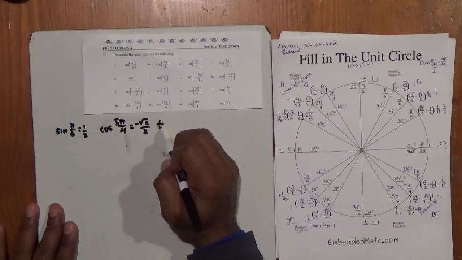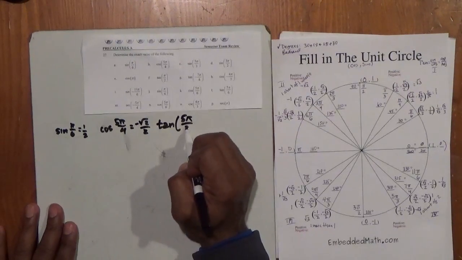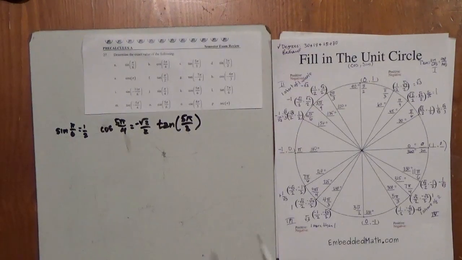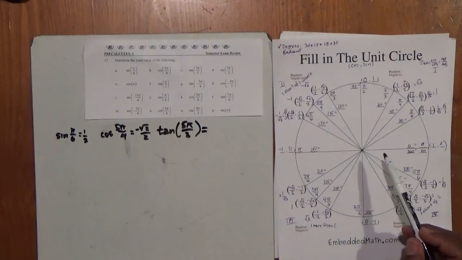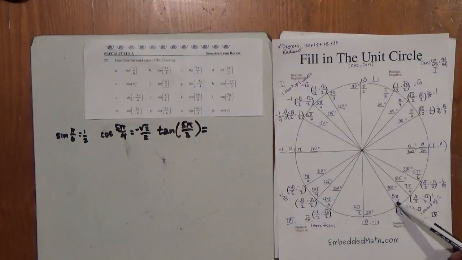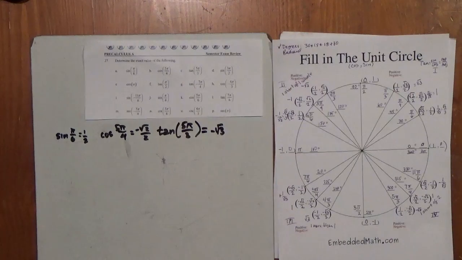All right, tangent. Well, it's a good thing we wrote our tangent on there. Not everyone does tangent. Have you memorized tangent? But we do, or at least we try. All right, 5 pi over 3. So 5 pi over 3 is here. It is negative root 3.